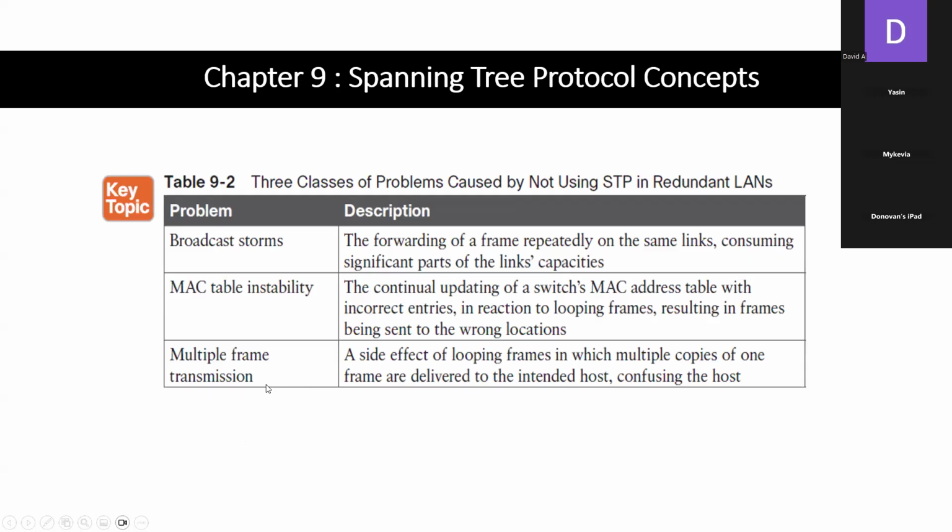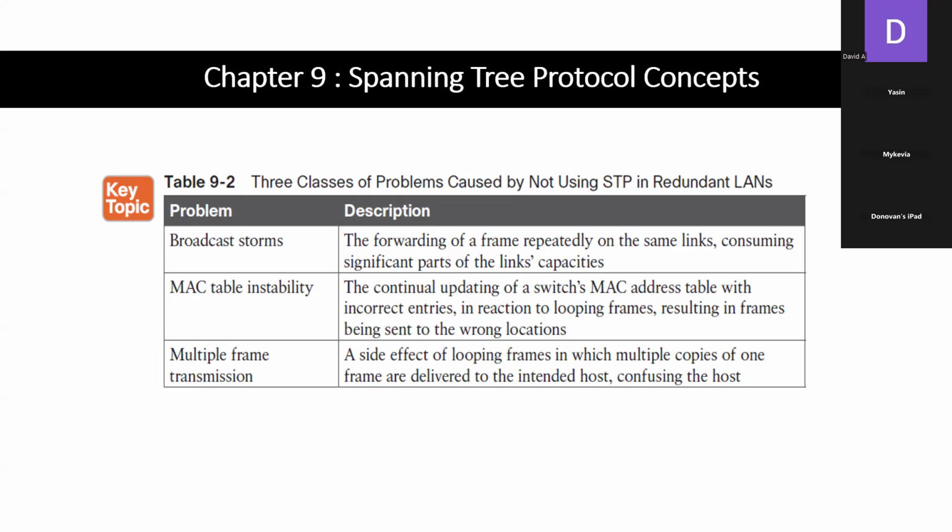This is a key topic, so guys take screenshots and take notes. Table 9-2: three classes of problems caused by not using spanning tree in redundant local area networks. Broadcast storms: the forwarding of a frame repeatedly on the same links, consuming significant parts of the link's capacities.